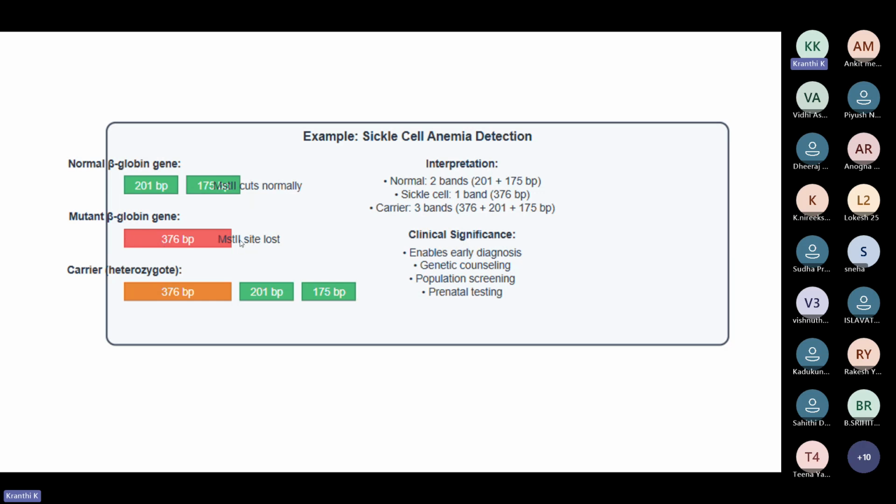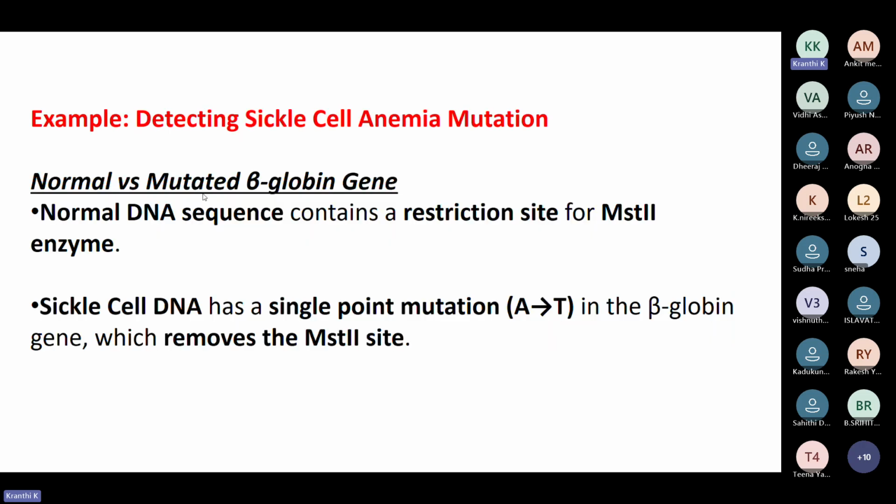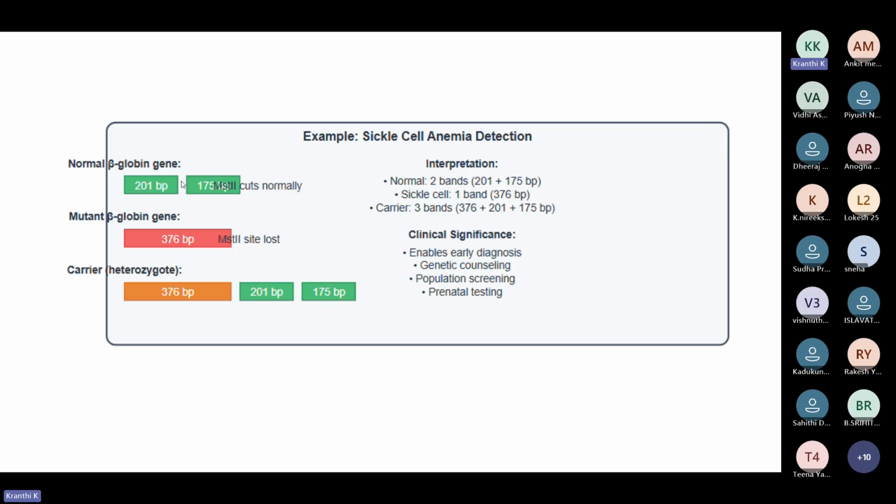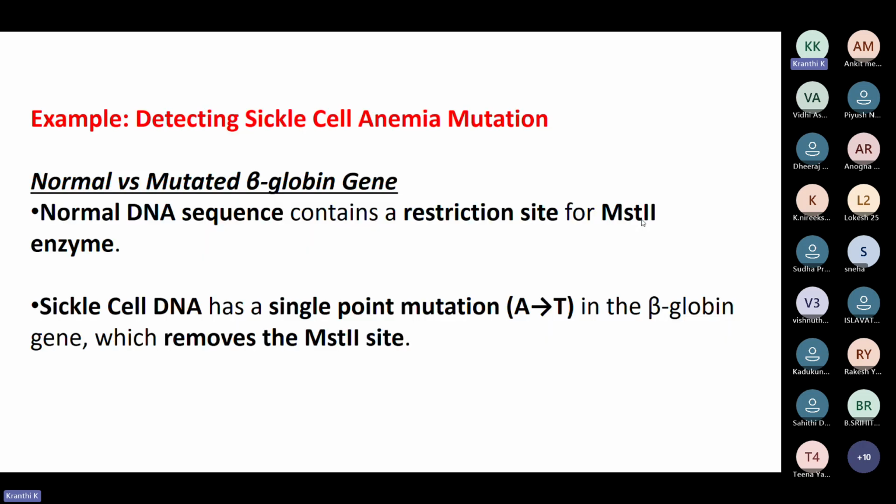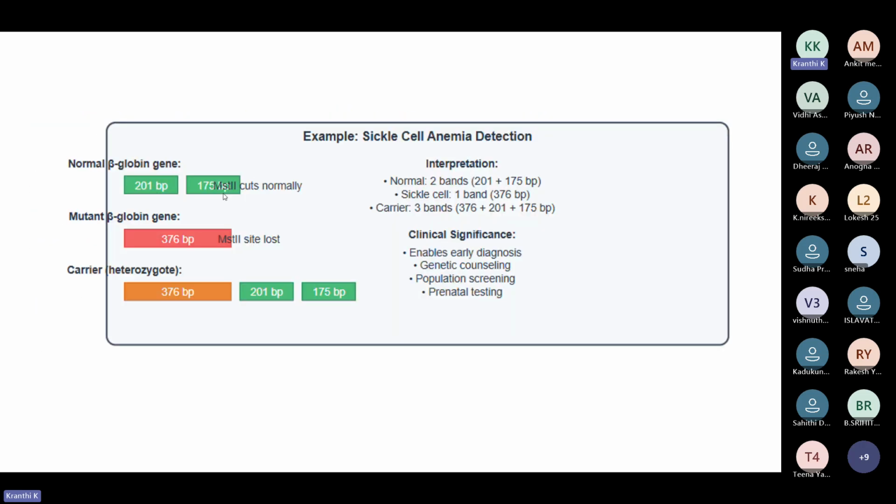But in between 201 base pair and 175 base pair, there is a sequence, and in that sequence MstII can cut. So there is a restriction site for this enzyme to cut in this place. Got it? This is a normal beta globin gene. So when you add the MstII enzyme, it cuts this normal beta globin gene in this place.